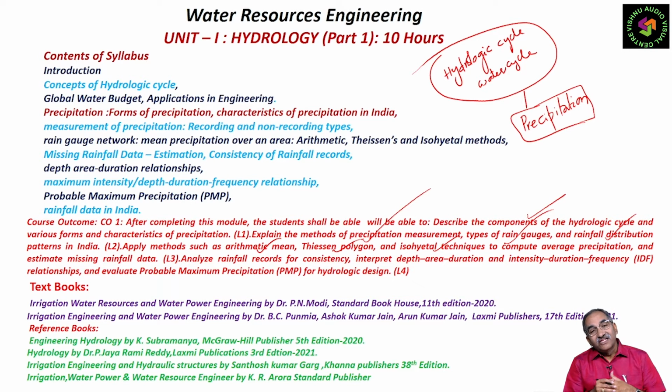Then analyze the rainfall records for missing data and consistency. And finally, evaluate or interpret the depth area duration relationships or intensity duration frequency, and also the evaluation of probable maximum precipitation. So, this is the main course outcome which is expected from you.